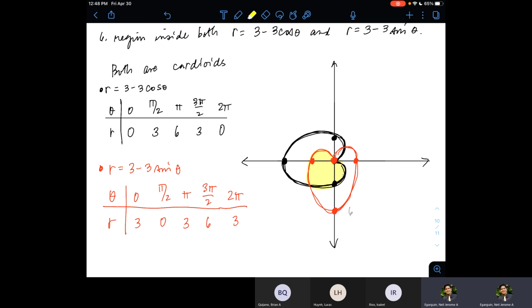So that would be the shaded region that we're interested in. Let me see if that's correct. Yeah, they should be both inside. Oh, this should also be included because that little area here is still inside both cardioids. This guy is still inside both cardioids, but this guy is outside.